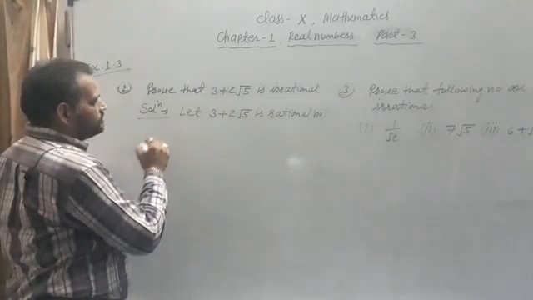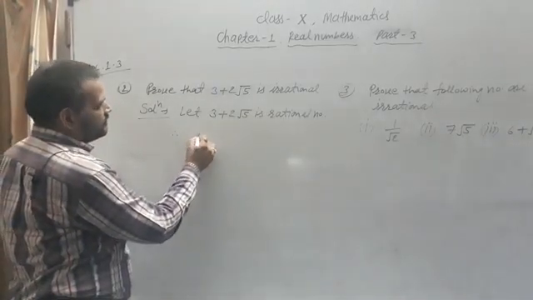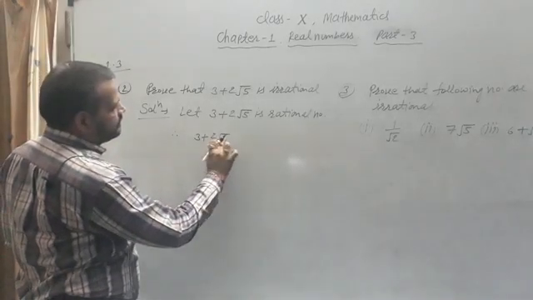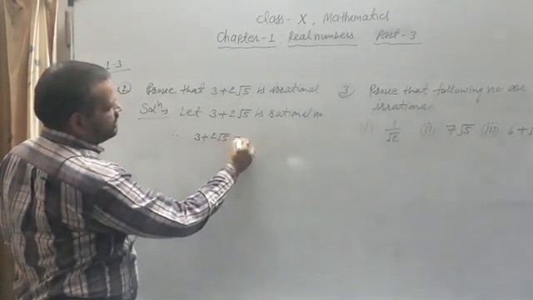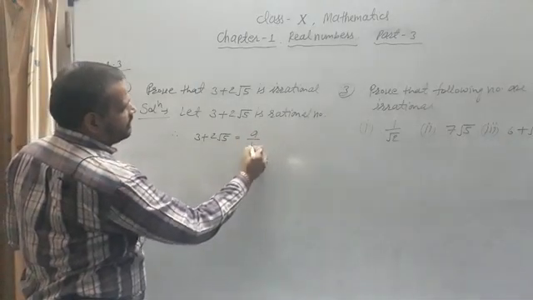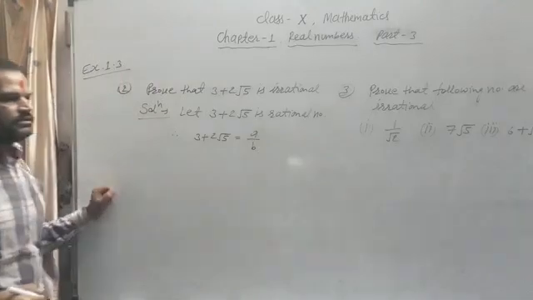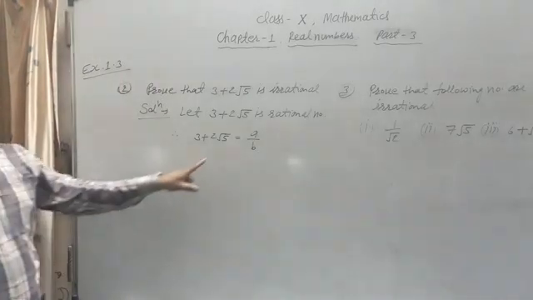Therefore 3 plus 2 root 5 can be written as a upon b. 3 plus 2 root 5 equals a upon b.